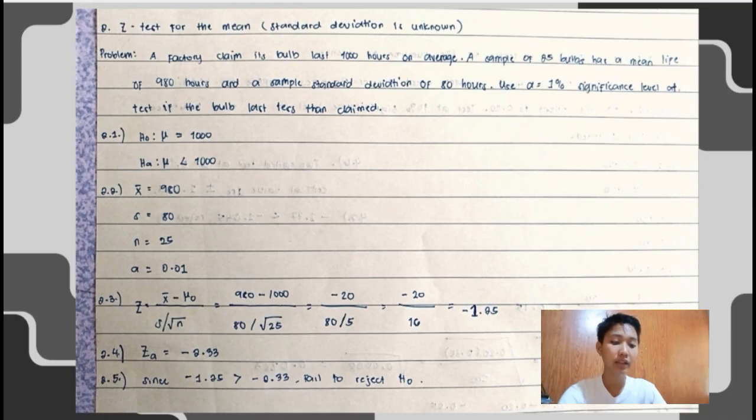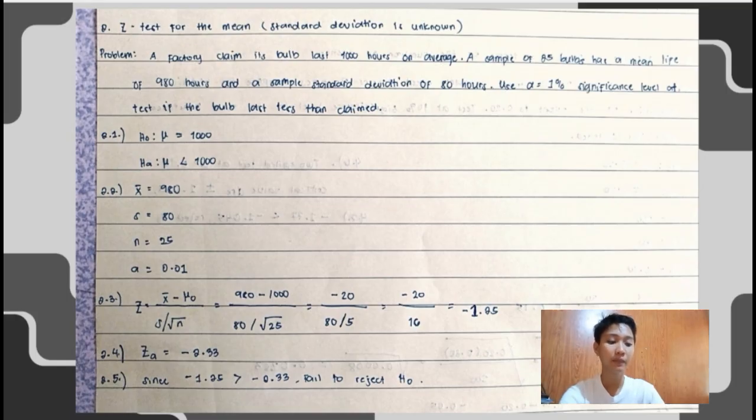To calculate, the formula is z equals sample mean minus population mean divided by standard deviation over the square root of sample size. Our sample mean is 980 and our population mean equals 1000. So 980 minus 1000, divided by the standard deviation, 80, over the square root of n, which is 25.